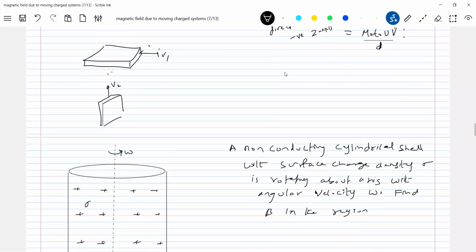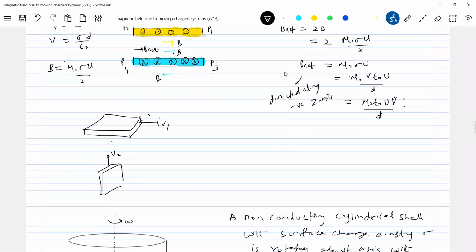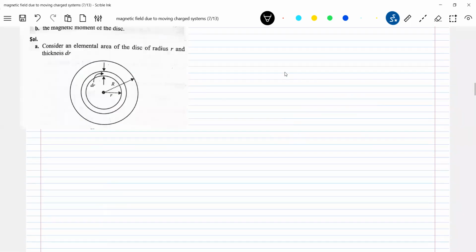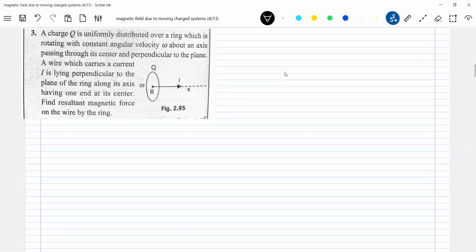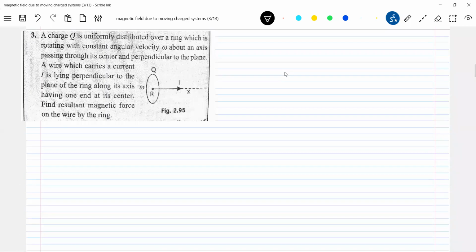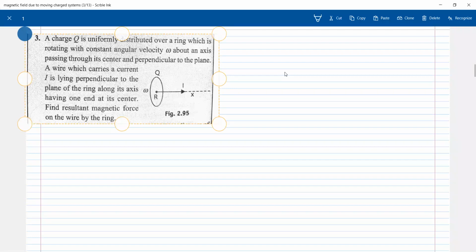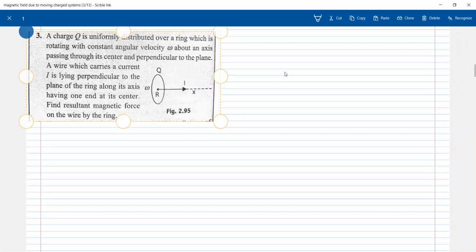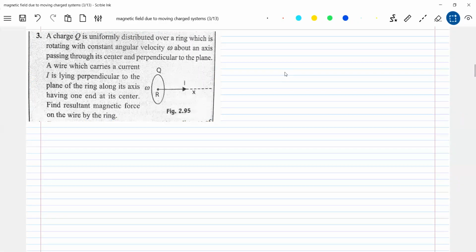Okay, now after this, we will first take the rotating charged particle. And this very good question can be asked in advance. I felt it was really very good. Simple idea: it's asking the force of interaction between a rotating ring and a semi-infinite long wire.